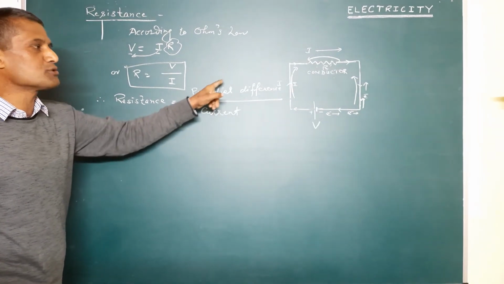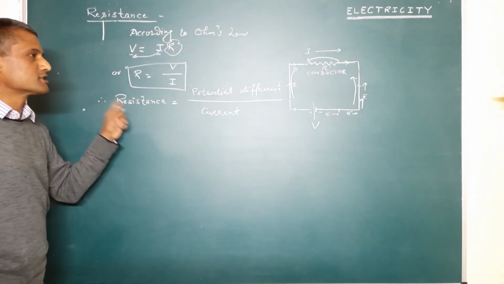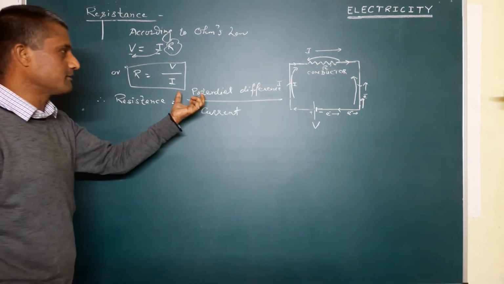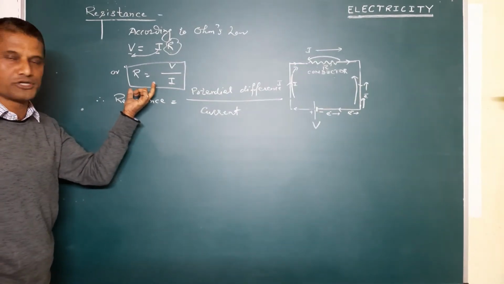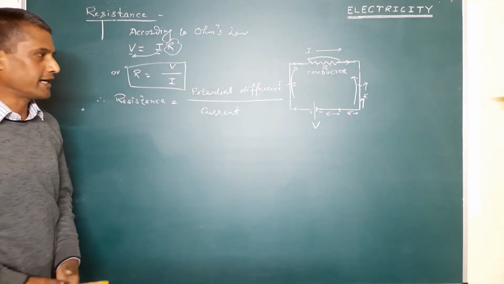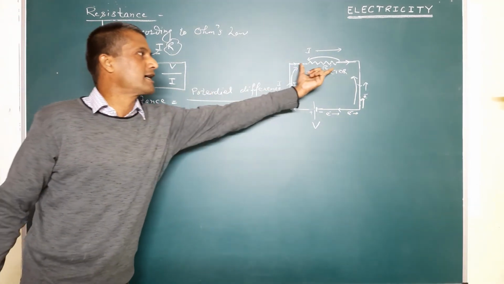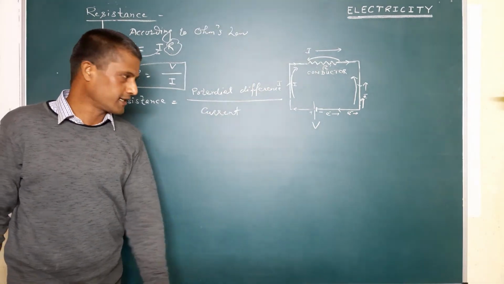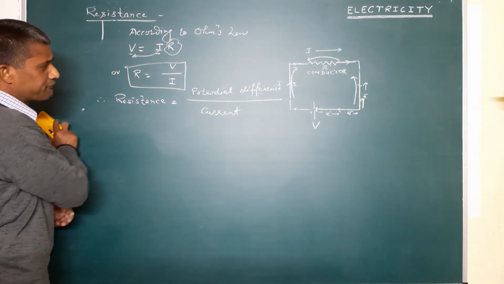That is the ratio between potential difference and current is known as the resistance of that very conductor. So that is the mathematical, or numerical, definition for the resistance of a conductor, which is a ratio existing between the potential difference acting across the ends of a conductor to the current flowing through that very conductor. That's the definition here.